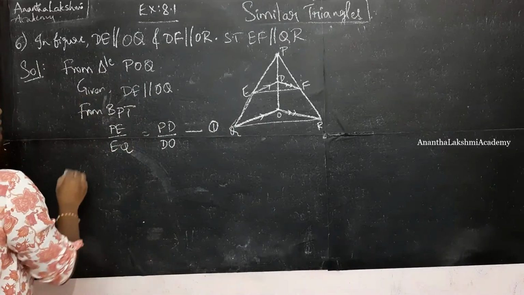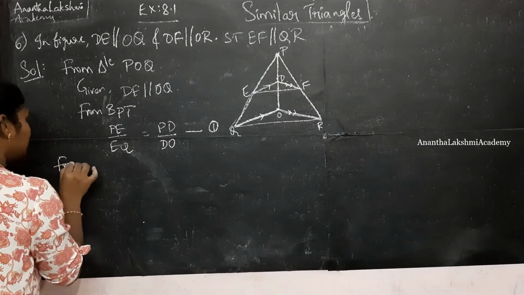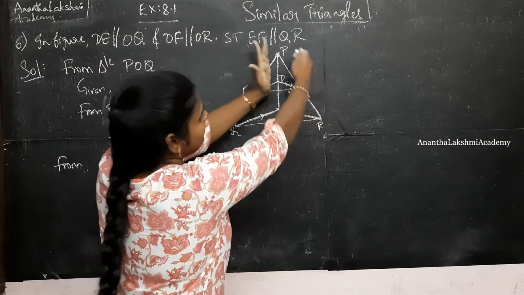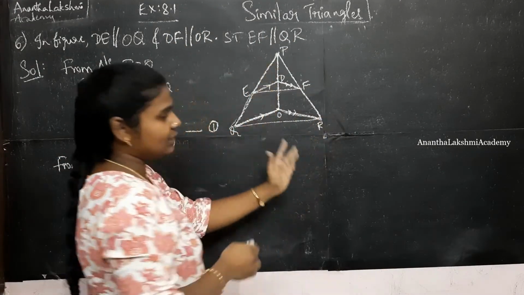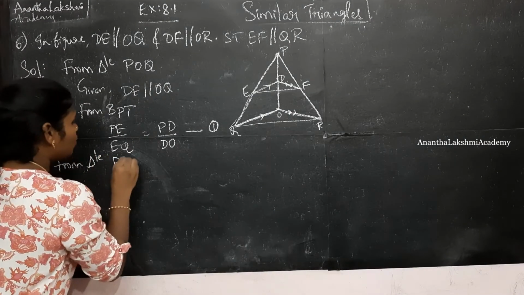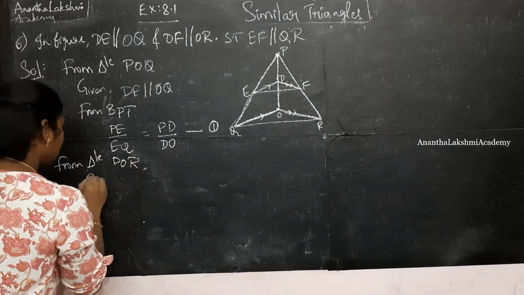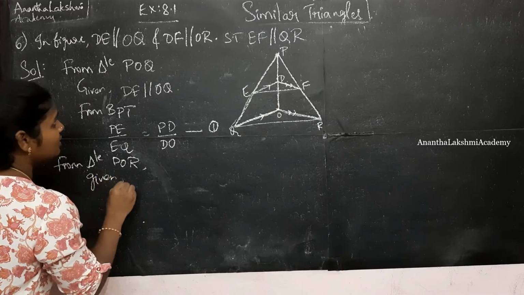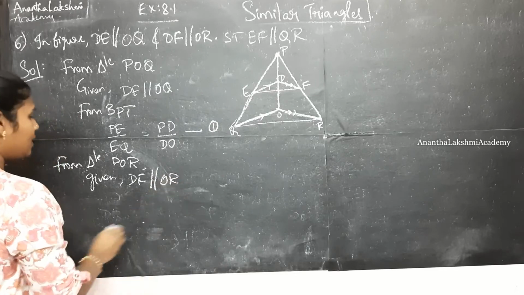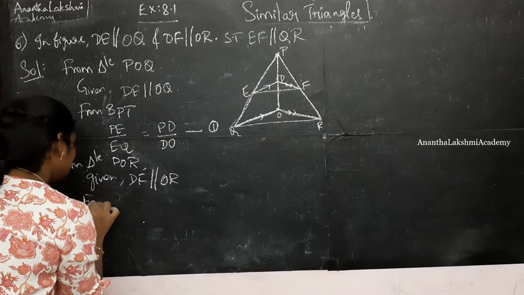And again, from triangle, second thing they have mentioned is DF and OR. What is the triangle that includes both? It is nothing but POR. From triangle POR, what is given? DF is parallel to OR. Again, what is the theorem?